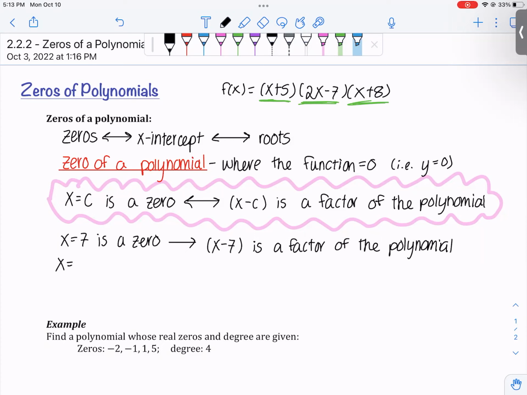If negative 9 is a zero, then x minus negative 9, which simplifies to x plus 9, is a factor.